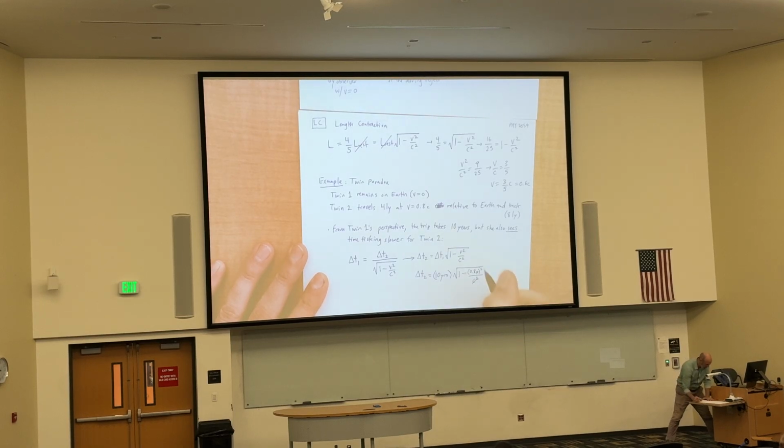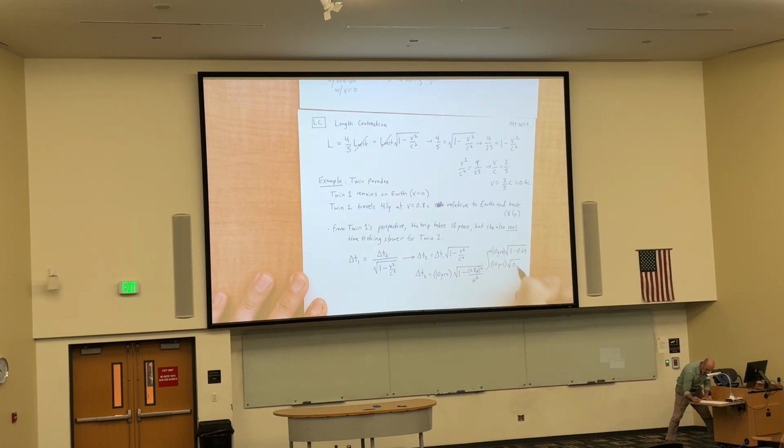And so what do we end up with? Well, we end up with 10 years times the square root of 1 minus 0.64, which is 0.8 squared. That's 0.36. And the square root of that is 0.6, so I get 6 years.